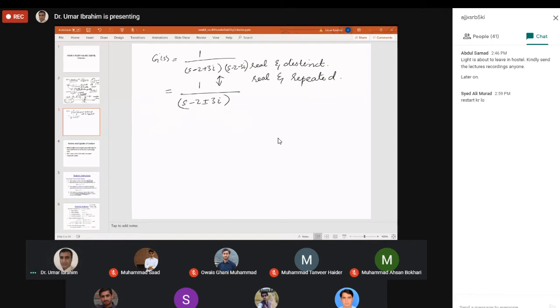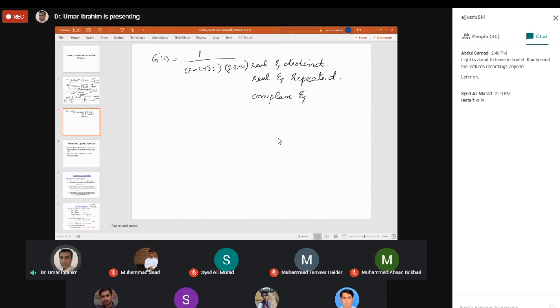Okay? So right now, can somebody tell me what are my roots? Are they real or complex roots? Complex. So they are complex because you can see there is iota in both the roots.